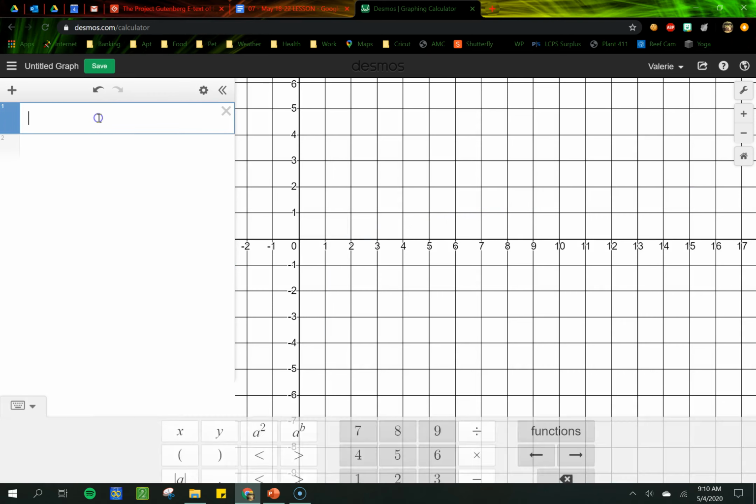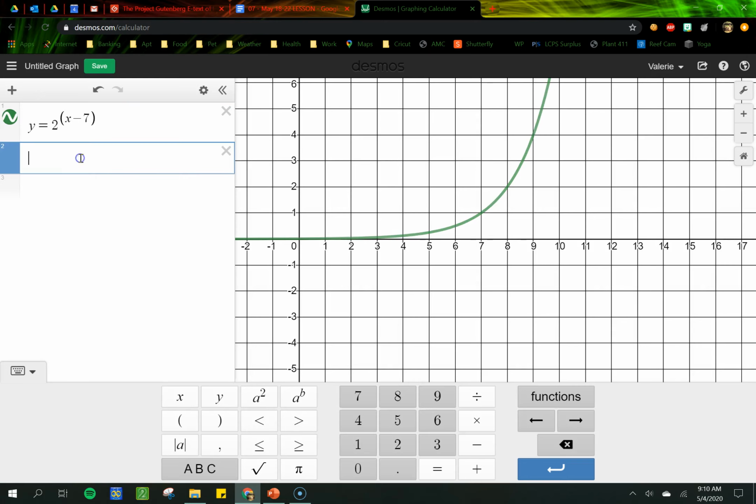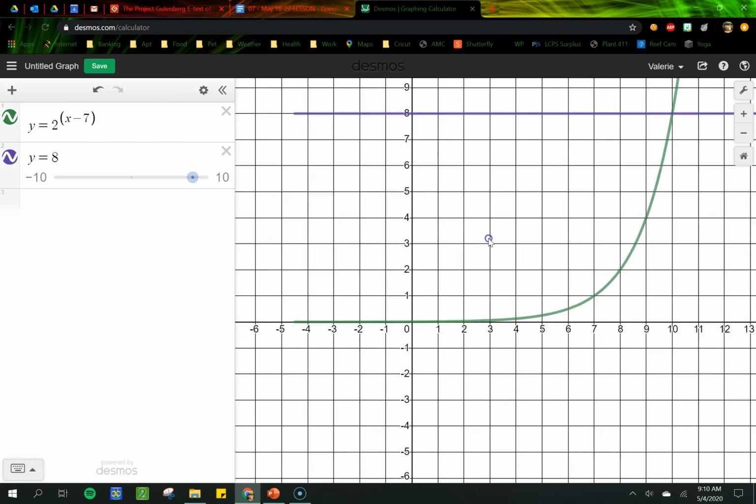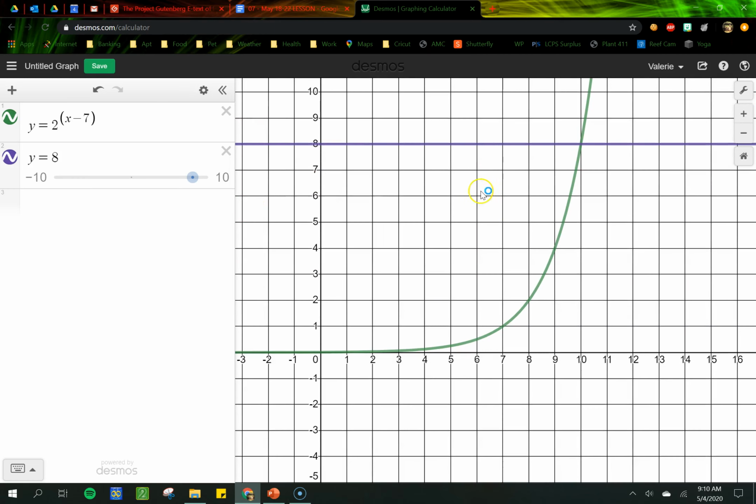Okay, so I had y is equal to 2 raised to the, in parentheses, x minus 7. That was my left-hand side, and then on my right-hand side, I had y is equal to 8. So when I look at the picture now, I'm going to move my screen around until I can see both lines, and you'll notice we have a horizontal line for y is equal to 8, and we have an exponential growth.